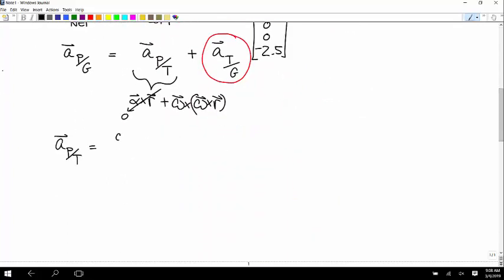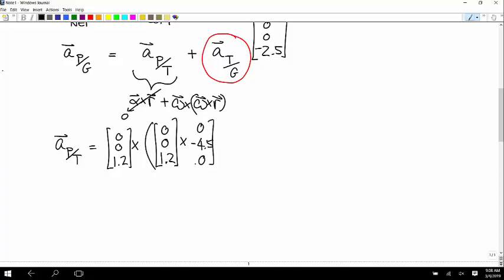So this is equal to 0, 0, 1.2 crossed with the quantity 0, 0, 1.2 cross 0, negative 4.5, 0. So that is 5.4, positive 5.4, 0, right?